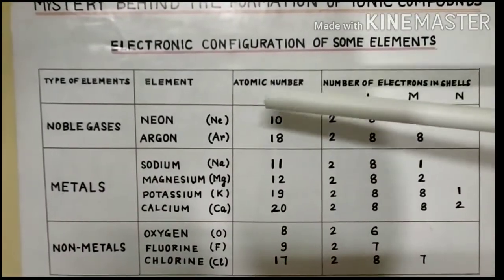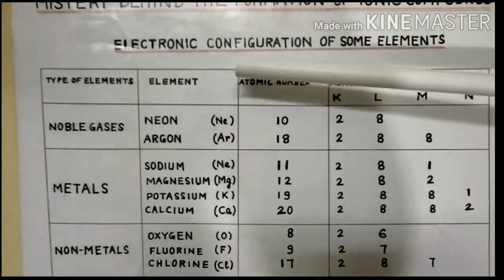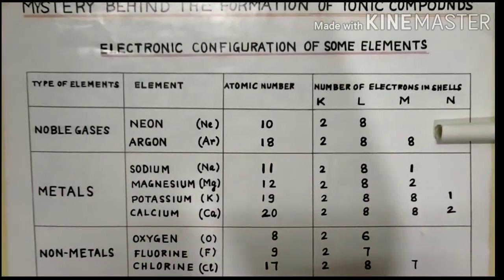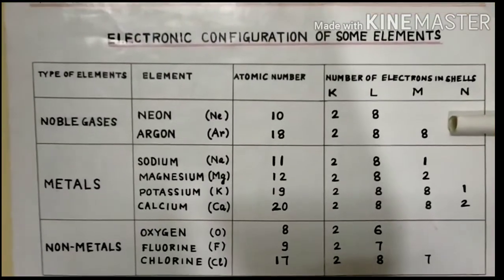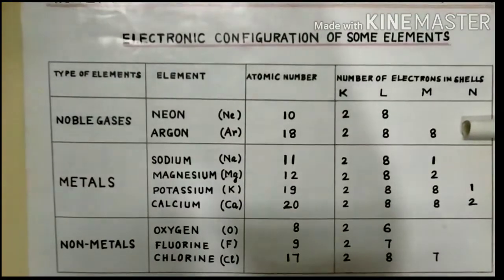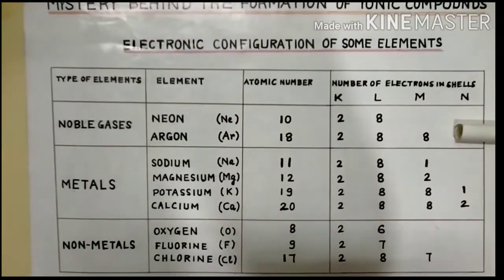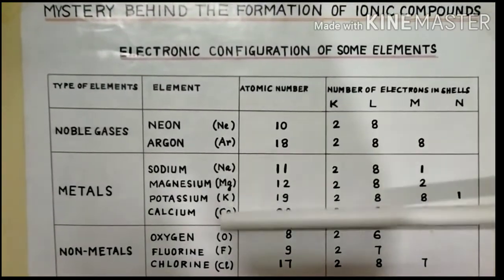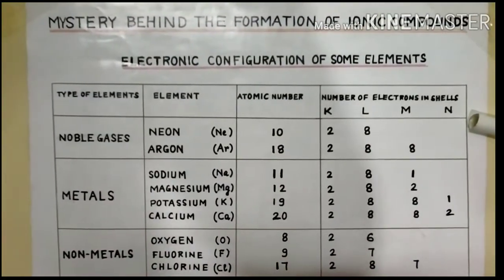Now, noble gases. We already learned that noble gases have a completely filled valence shell, so little reactivity. 8 electrons in the outermost shell of noble gases represent a highly stable electronic configuration. Other elements also want to get that stability.